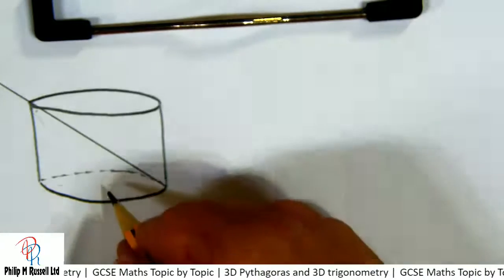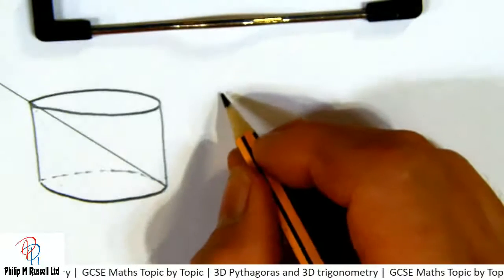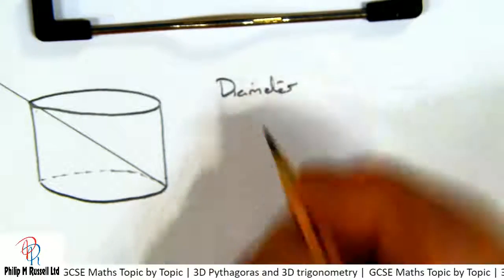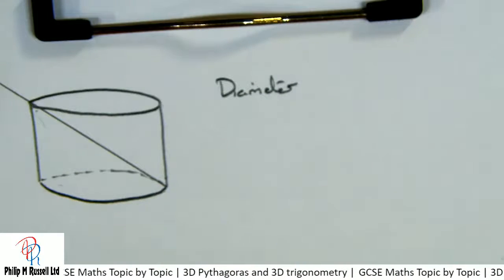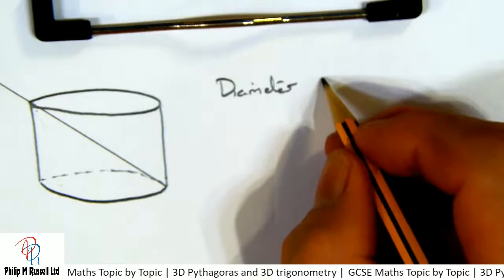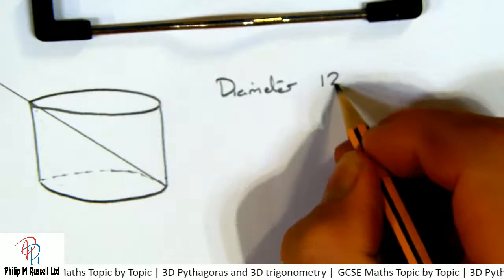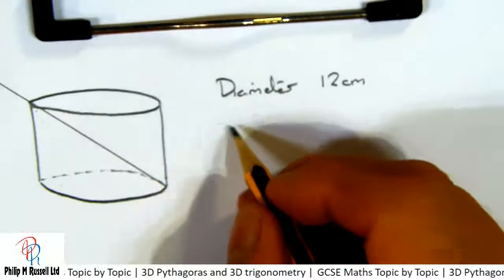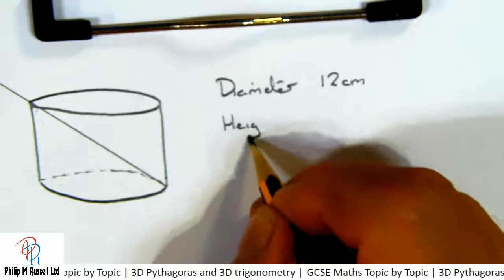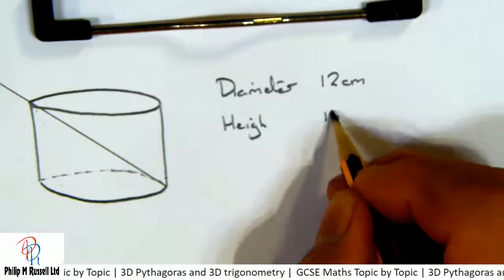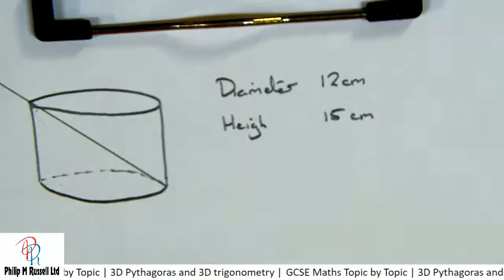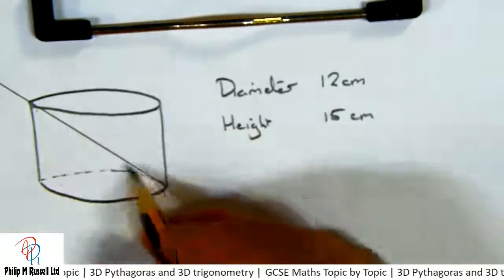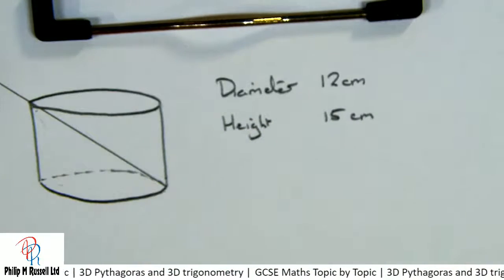So they tell us the diameter of this is going to be, let's make a number up, 12 centimeters, and let's give it a height of 15 centimeters. And what we've got to do is find the length of the rod.